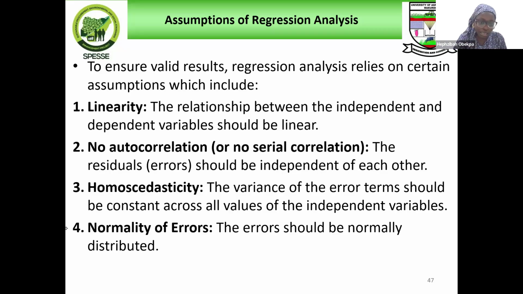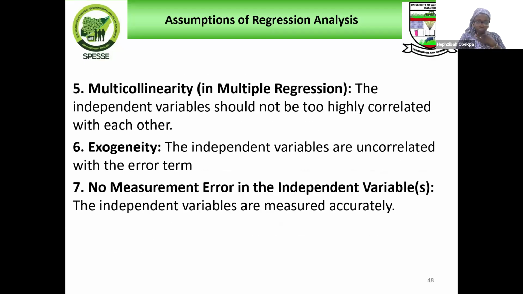That's what it means. So when you plot your error term and it's a bell shape, then you have met this criteria to go on with your regression. Any question? Can we go on? Go on, ma.